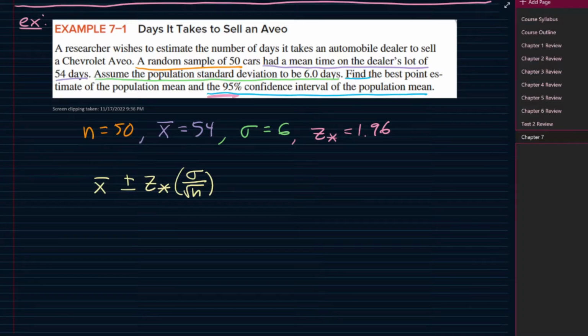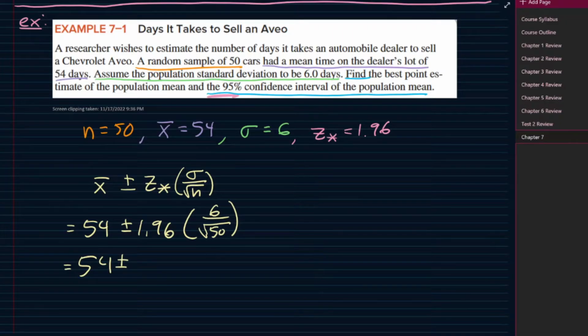So plugging everything in here, we get 54 plus or minus z star, that's 1.96, times sigma, which is 6, over the square root of n, that's square root of 50. I usually like to calculate the part after the plus or minus, and then add and subtract it from the point estimator, which in this case is 54.